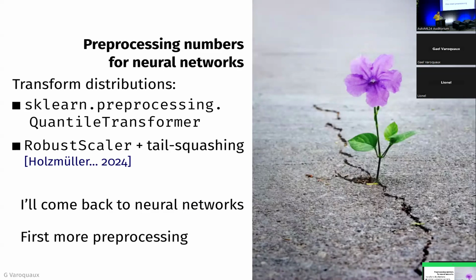I didn't bias that paper, not too much. There he uses an interesting combination of a robust scaler, which is basically the standard scaler in scikit-learn but robust to outliers, with tail-squashing nonlinearities to transform the input distributions into more regular distributions. You have to keep in mind that those input distributions are going to vary widely. You're going to have things like income distributions.